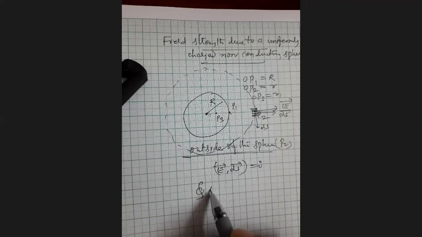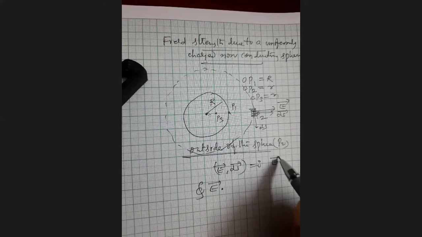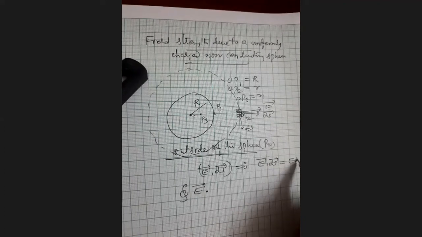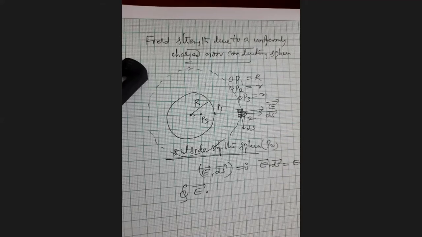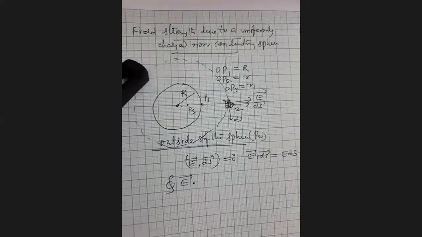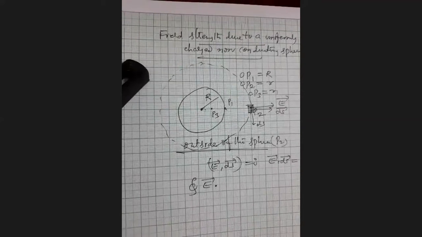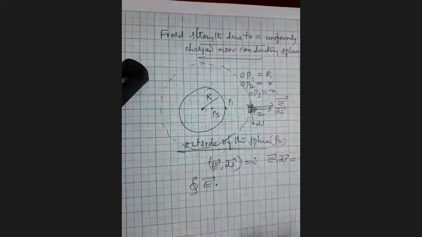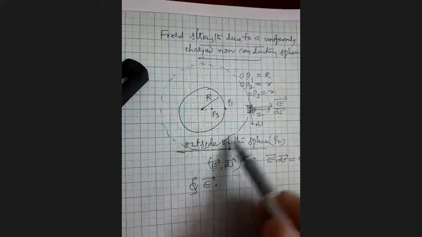Therefore, the flux through that small area element, E bar dot ds bar, is equal to E ds cos 0, equal to E ds. Now, let us write the total flux through this outside Gaussian spherical surface.